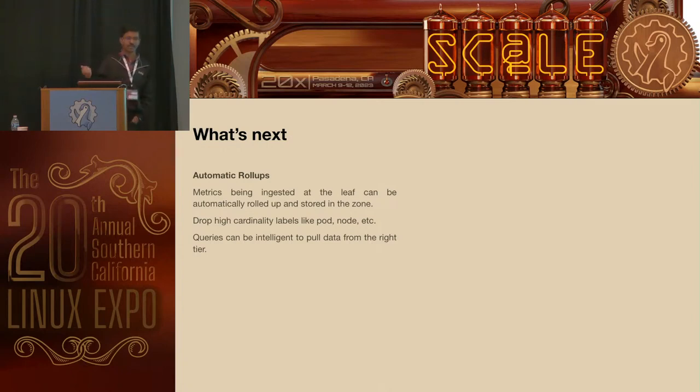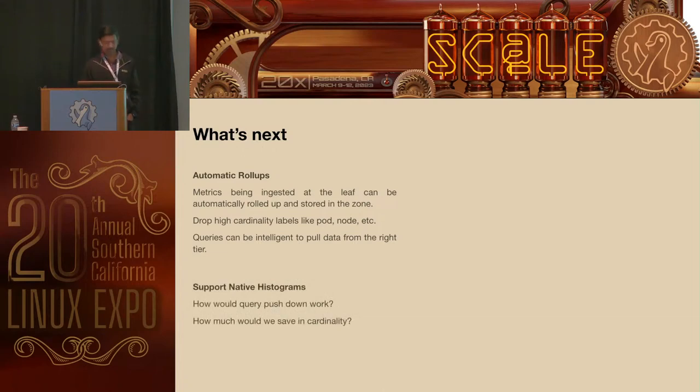So can we automate this entire process to say that if everything that is being seen in the leaf, just drop things like pod, node, and then create a metric for it on the zone, and then cut down the raw retention. And the queries can be intelligent enough to say that if it is seeing a pod or a node, it should go to the leaf, or it can just stop the query at the zone and then just work on the data that is rolled up already, which can be substantially cheaper when you're doing queries.